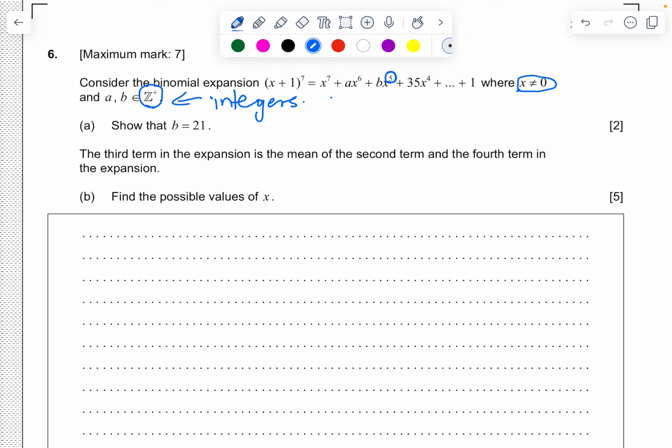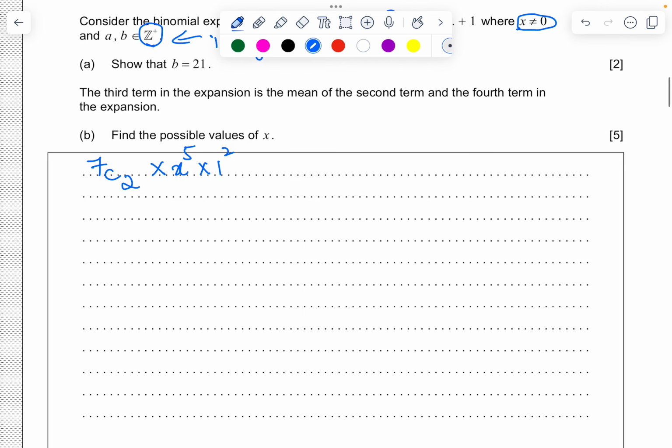If the a term is 5, then r is going to be 7 minus 5, which is 2. So 7C2 times x to the power of 5 times 1 to the power of 2. Basically you don't need to write 1 to the power of 2, but let's just write it, is equal to, we need to find what b is.